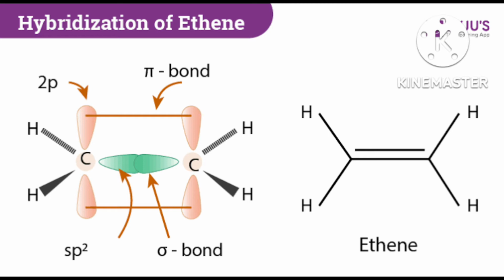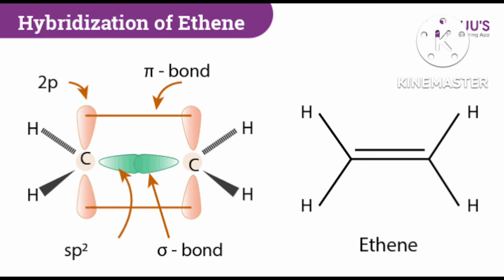Now I am going to discuss the triple bond, meaning in acetylene, ethyne. In ethyne there is sp hybridization. Ethyne is C2H2, also called acetylene.